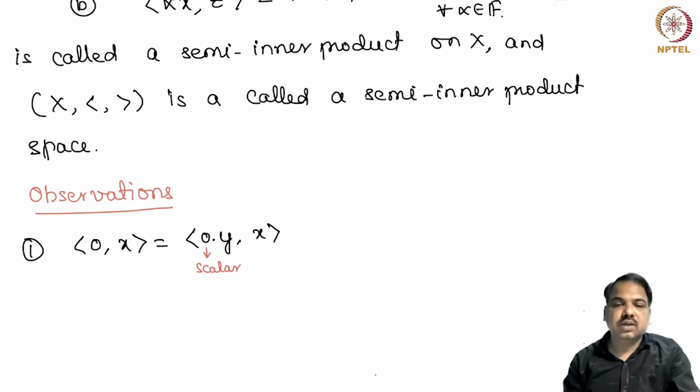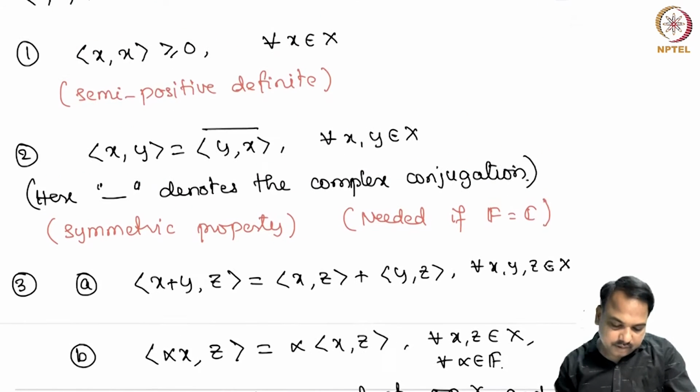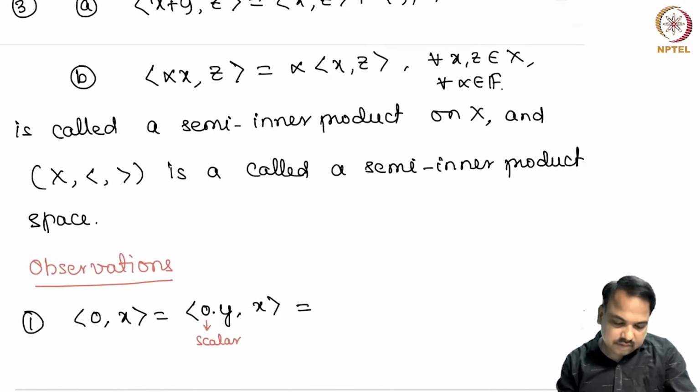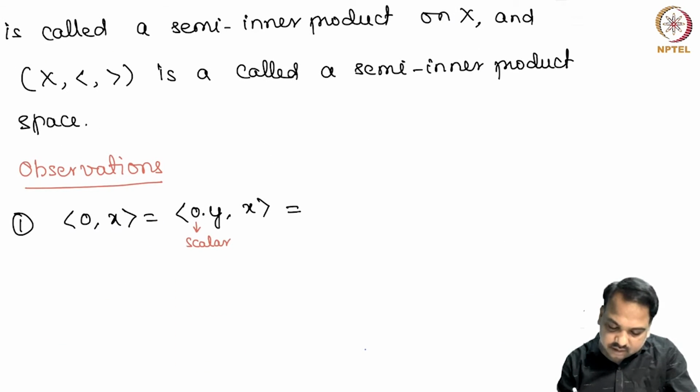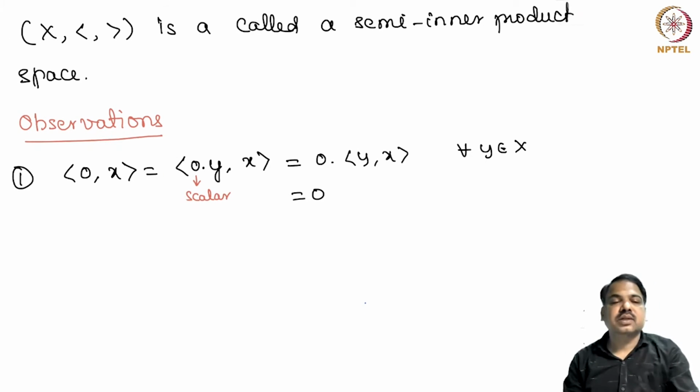Now 0 into y is 0, that is a vector. Now by axiom 3b, this is 0 times the semi-inner product of y with x, so this is 0. This is true for every y in X. That means if you take the semi-inner product of 0 with x, that should be 0.